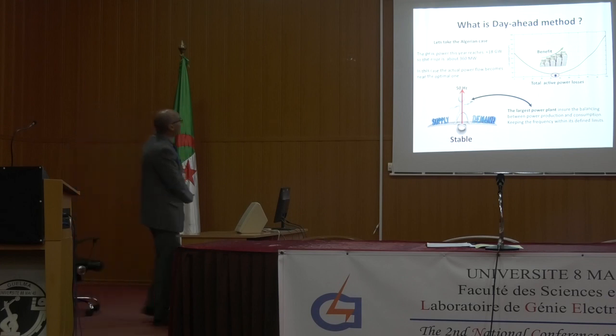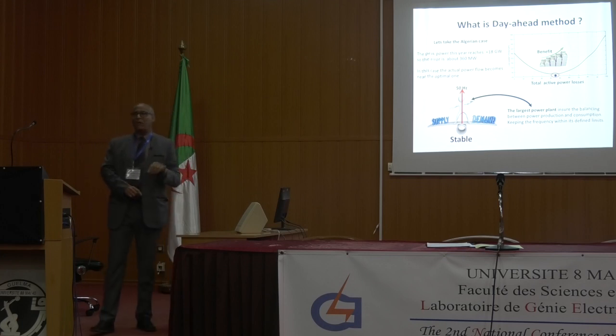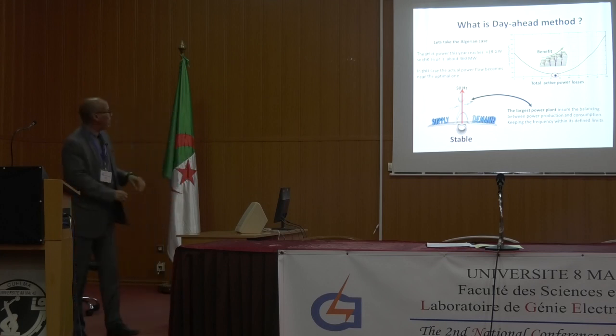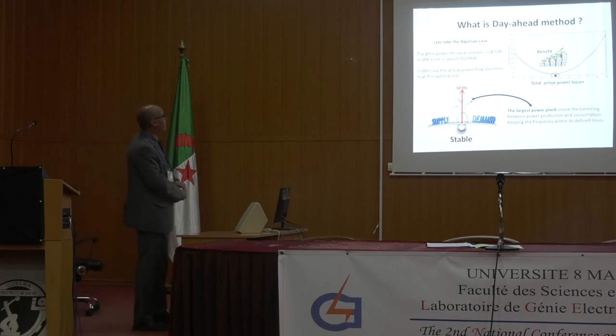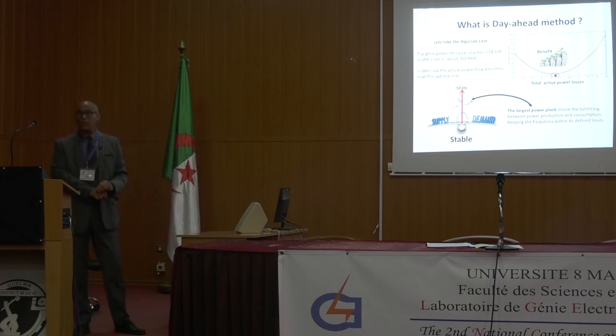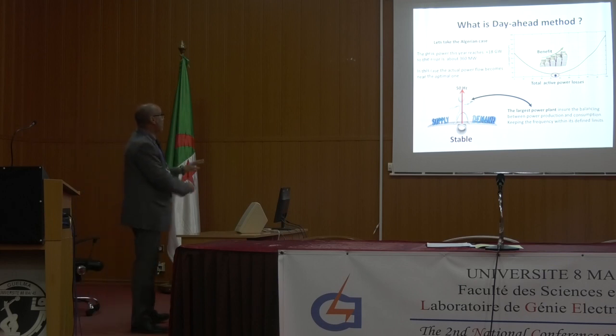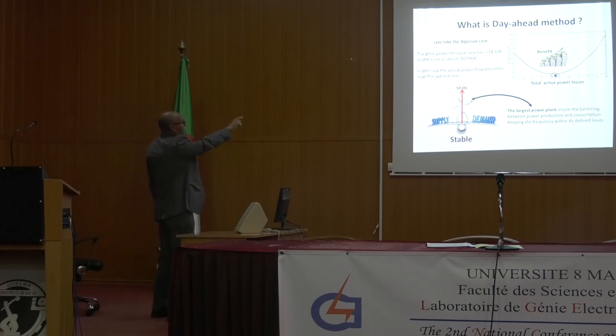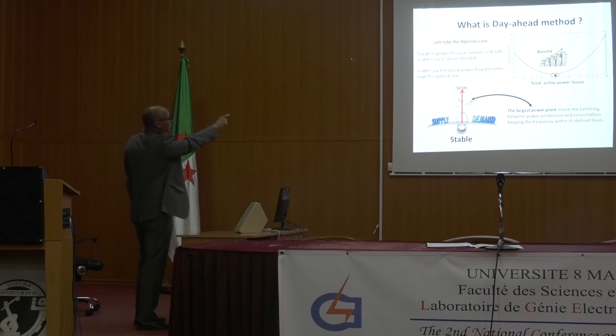How? Here, let's take the Algerian case. The peak of power this year is about 18 gigawatts. So the error is about 360 megawatts. If we draw the losses, the minimum, the optimal is at the point there, and the error is around this red circle.